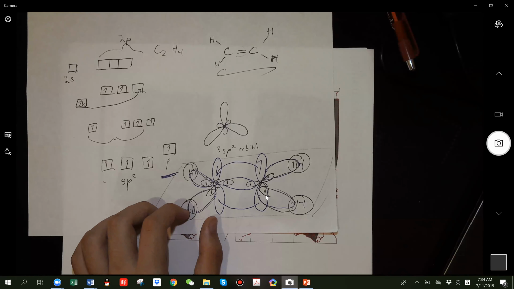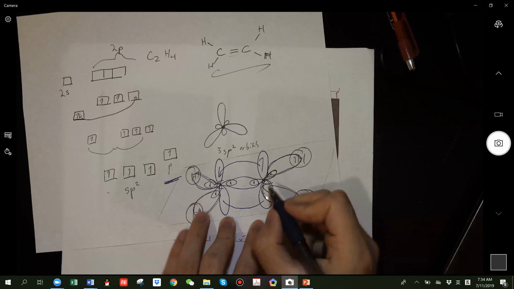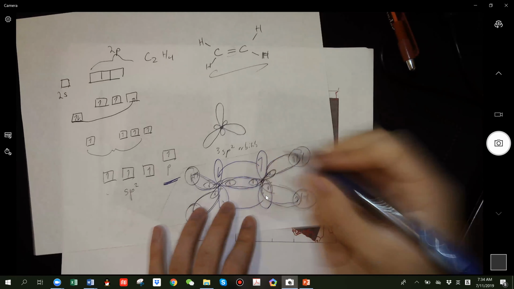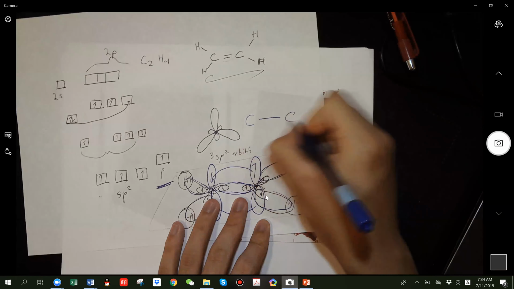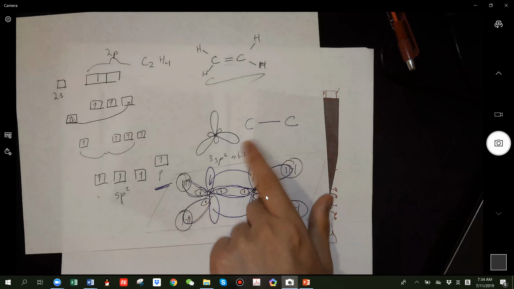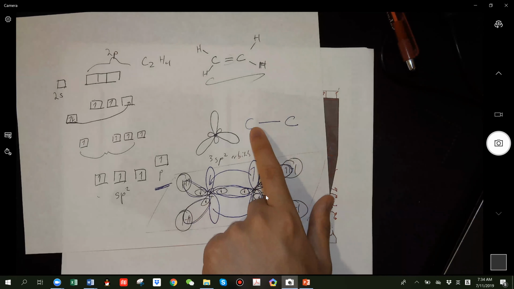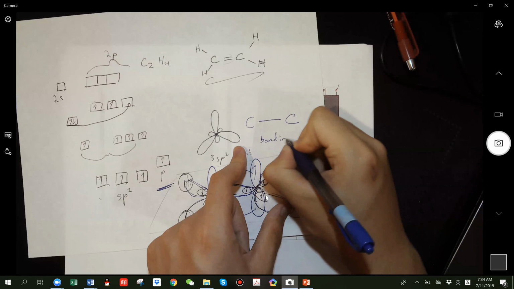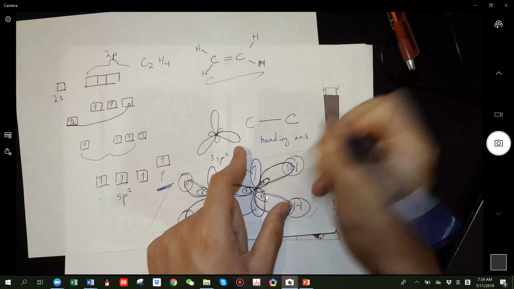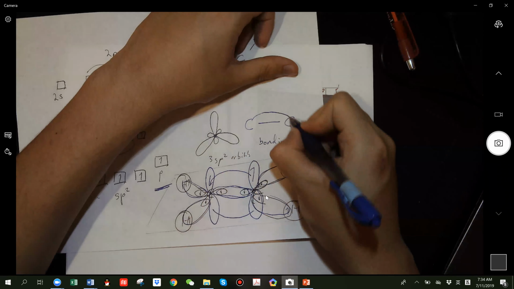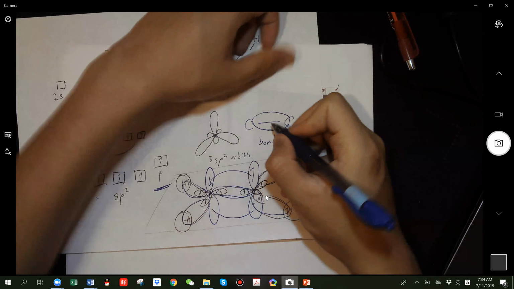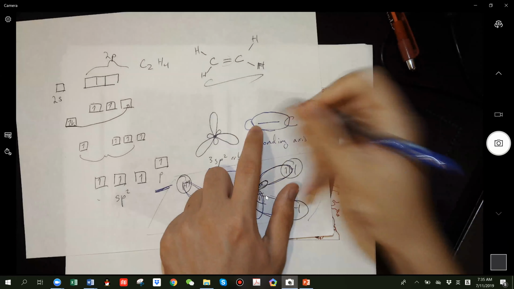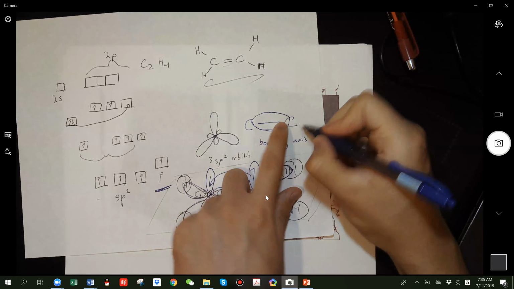So if you notice, in this bond, if I draw the carbon-carbon bond, these carbons are on this line, which I will call the bonding axis. And the orbital overlap is on the bonding axis, so we call this a sigma bond.